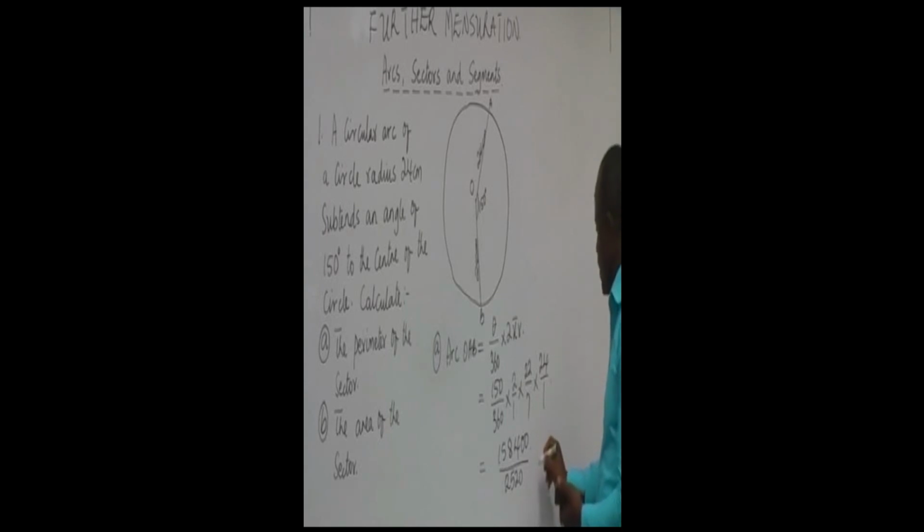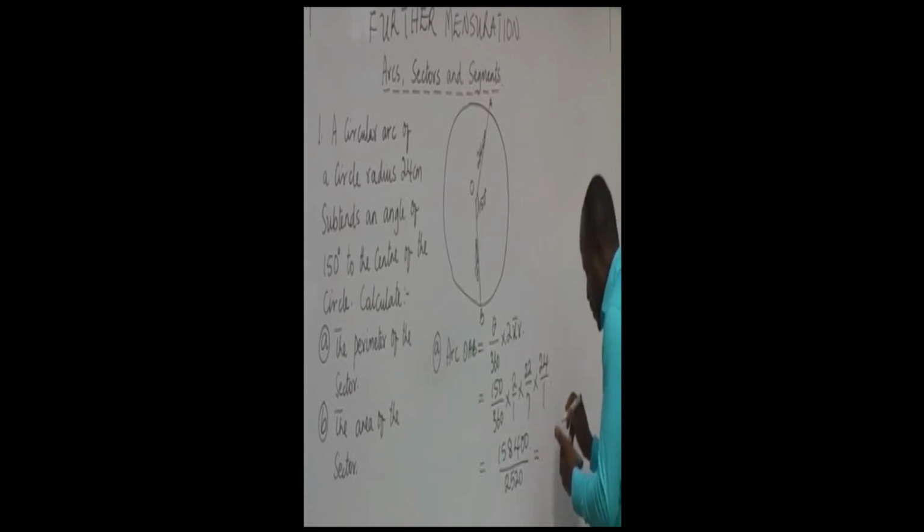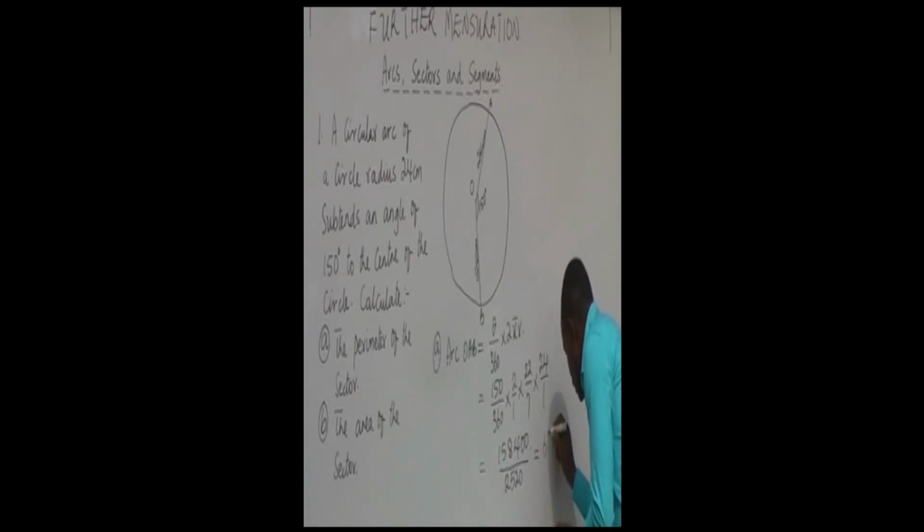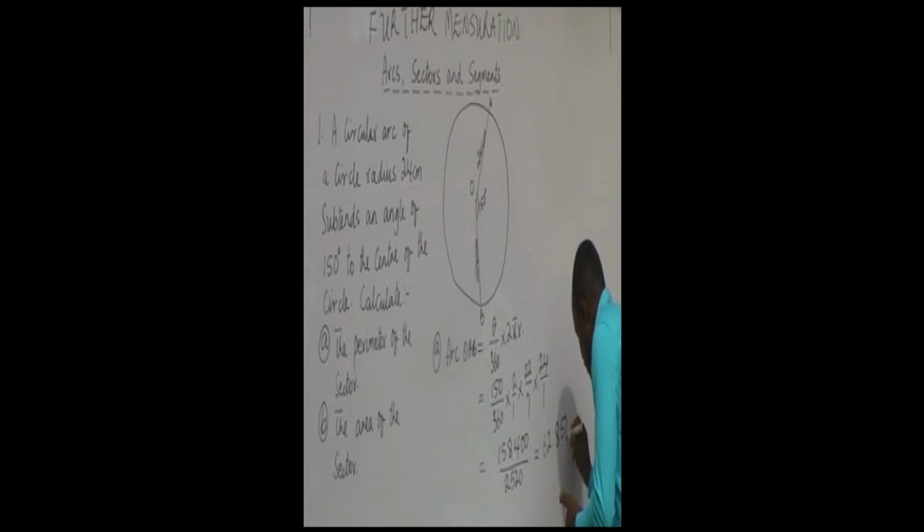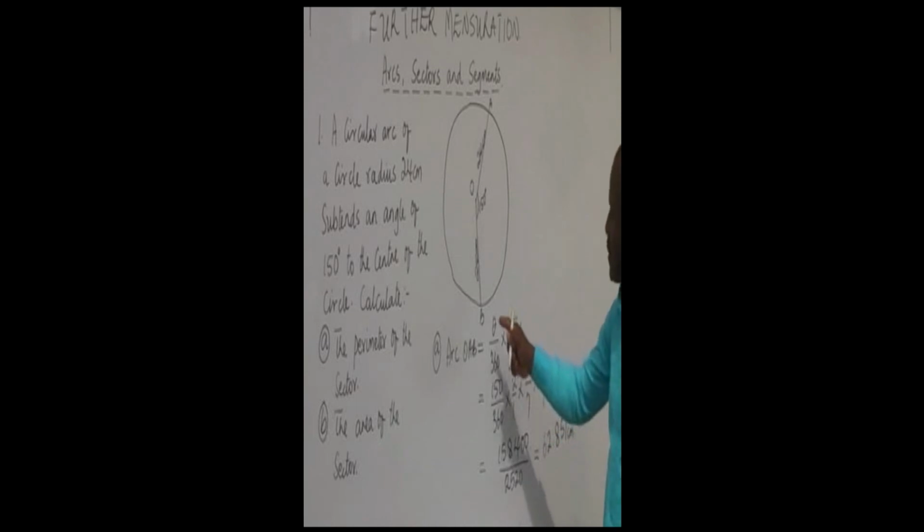If you divide this out, whatever it gives you is the length of that arc. It's giving me 62.857 centimeters. Now this is the length of the arc.